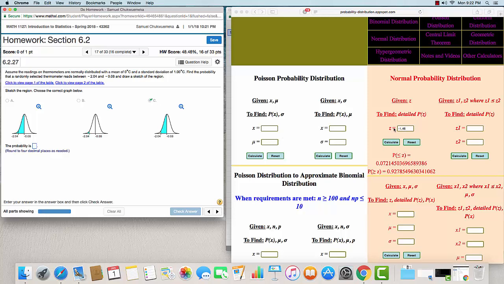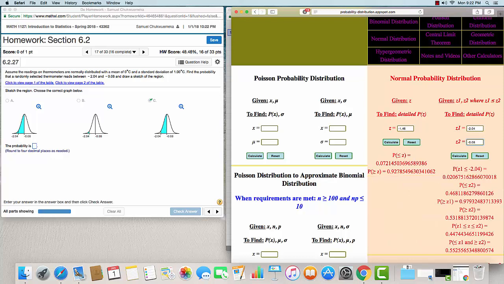The probability, with my calculator for the between, use this here, use this too. The first z-score is negative 2.04. You press the tab key to take you to the next field. The second z-score is negative 0.08.